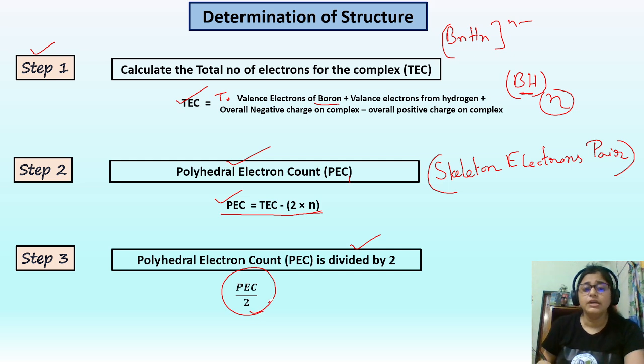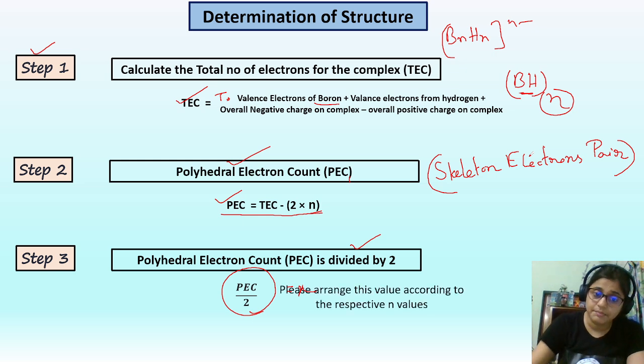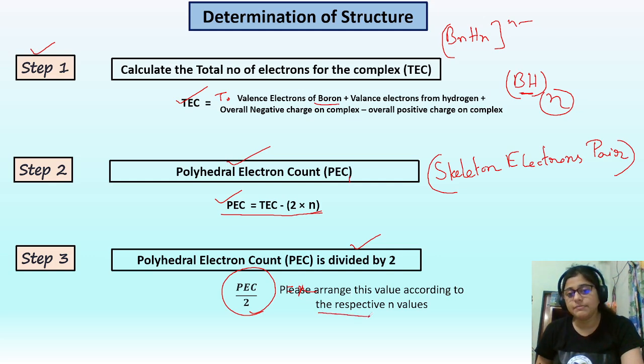Now what? The value, let's say we got X value. Okay, now we have to express the X value with respect to N actually. Okay, so please arrange this X value according to the respective N values.